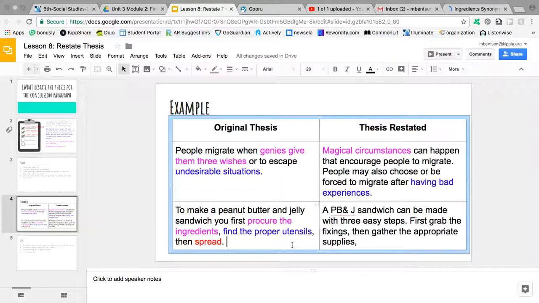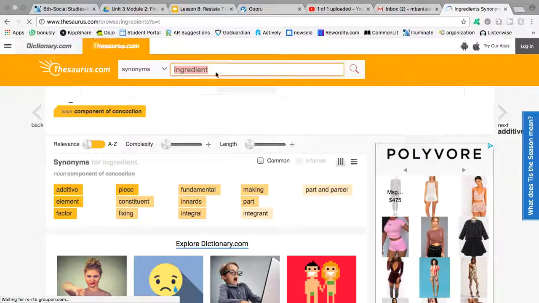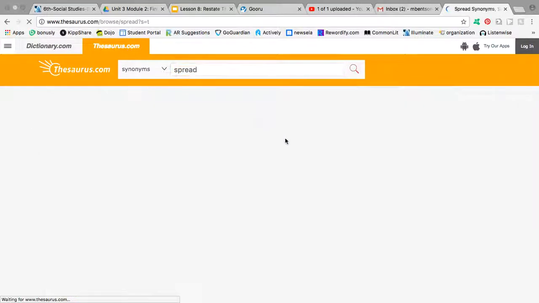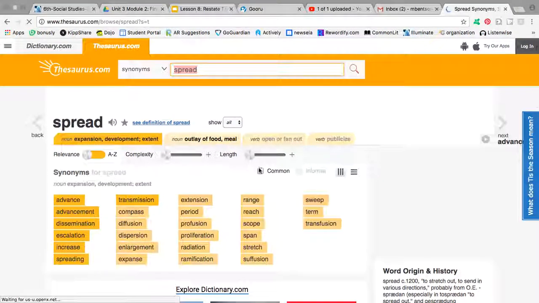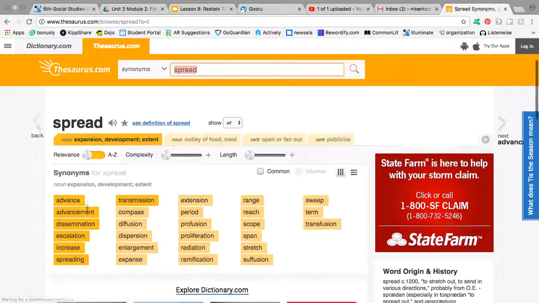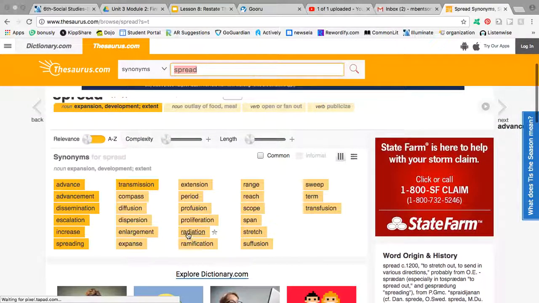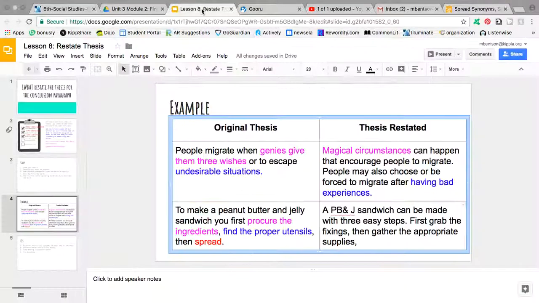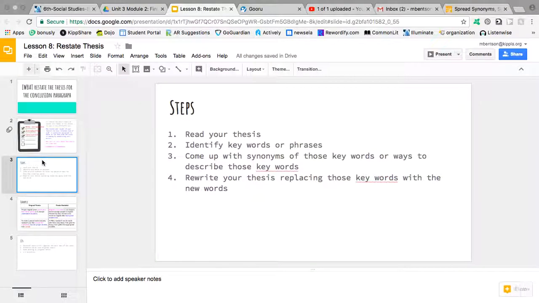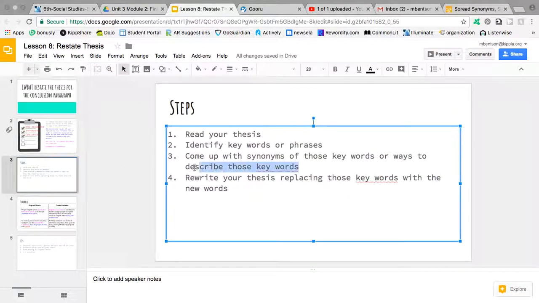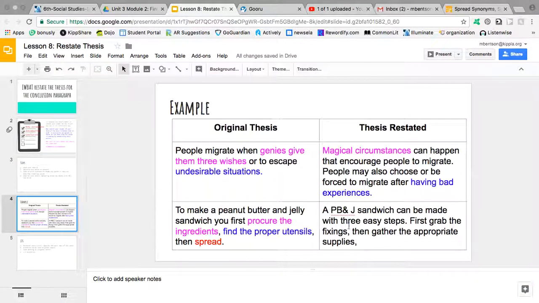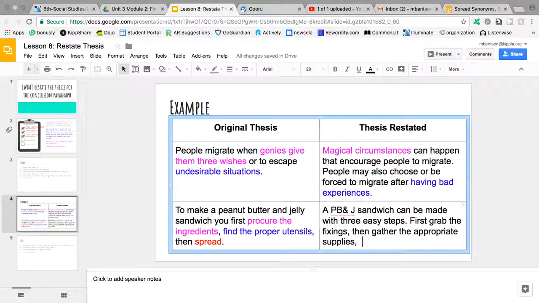And then spread. I think I'll go back to the thesaurus and look for a synonym for spread. These are big words and I don't really use these words. So maybe instead of getting a synonym, I will describe the keyword. So how would I describe the word spread?